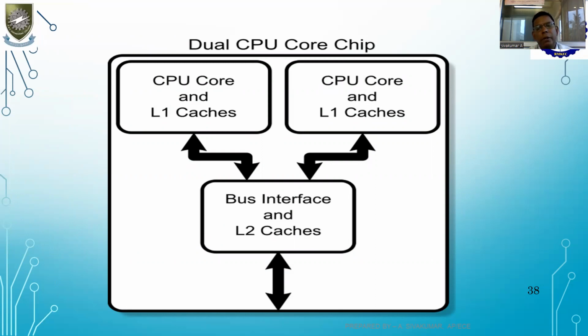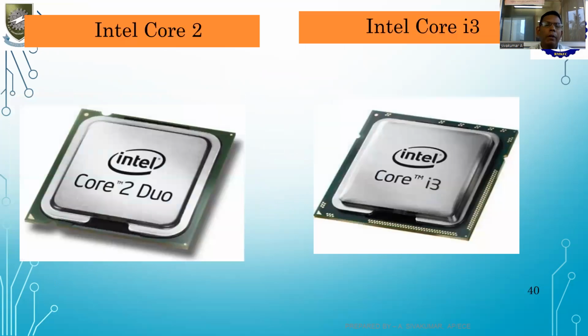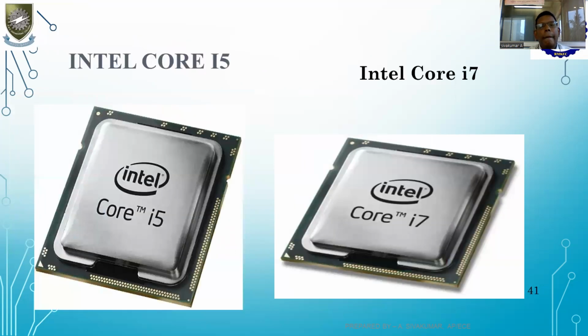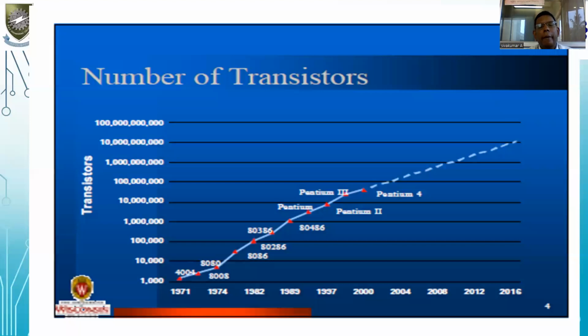The bus interface unit is common for both CPUs. Next, 64-bit microprocessors: Intel Core 2, Core i3, and nowadays up to i9. Core i5, i7, and i9 processors are introduced in the market. This is the number of transistors versus the number of years.